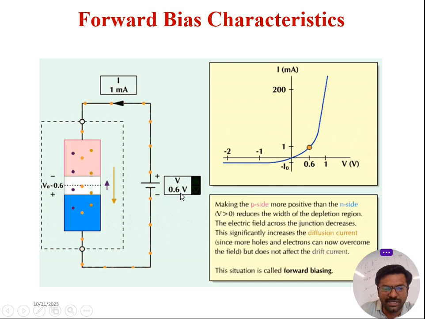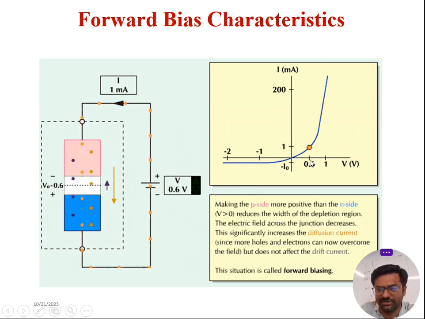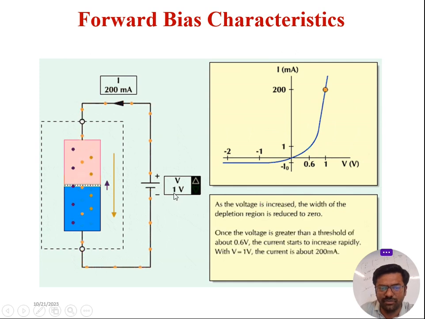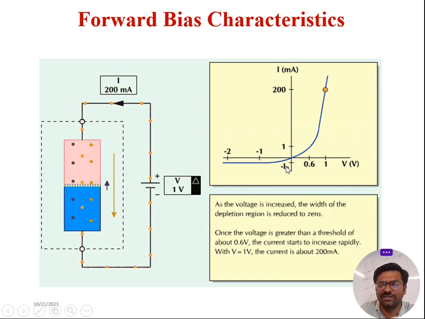Now see here, if we apply a 0.6 volt battery, then we will get 1 milliampere. So 1 milliampere will be around here. Whenever I apply 0.6 volt, I am getting 1 milliampere. Whenever I apply 1 volt, I will get 200 milliampere. So this is how the diode characteristics look for the forward bias condition.